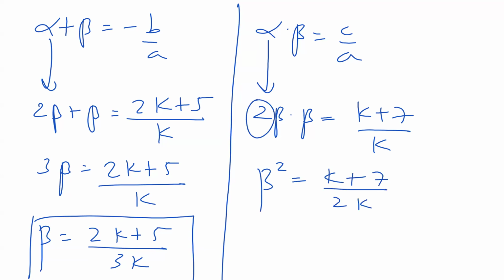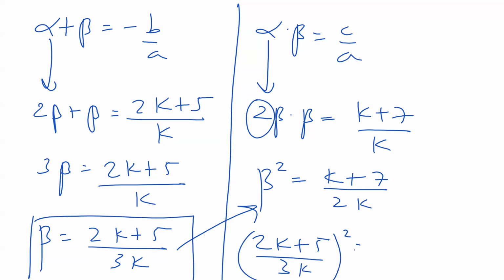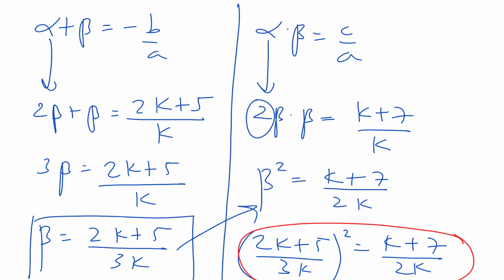Put the value of beta: (2k plus 5) upon 3k, the whole square, is equal to (k plus 7) upon 2k. Fine. So you can just solve this equation and get the answer. Let us go to question number 3.